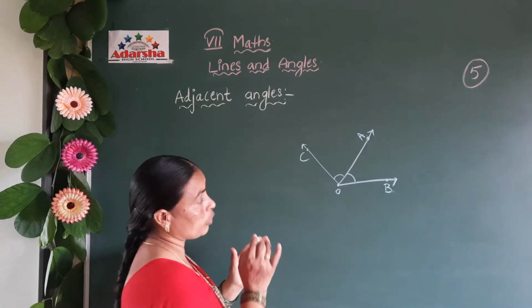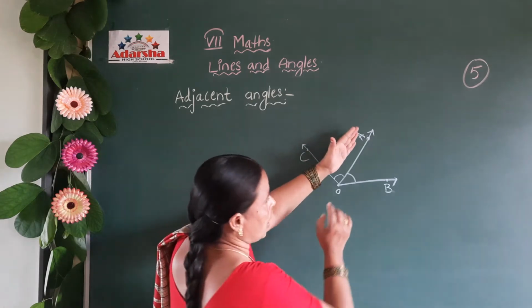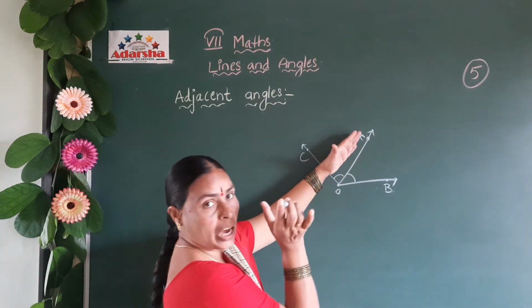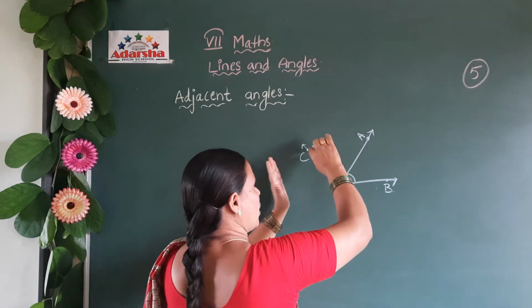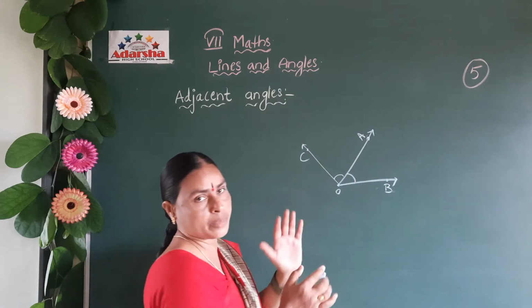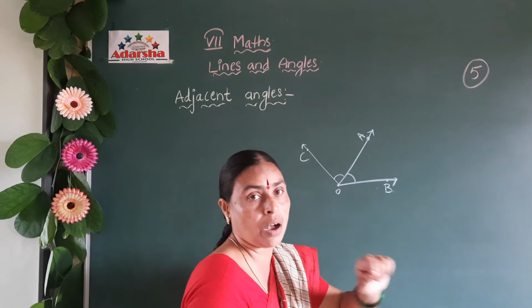And they have the common arm. What are the arms of the angle? In angle AOB, OA and OB are the arms, and in angle COA, OC and OA are the arms. In these two angles, OA is the common arm.